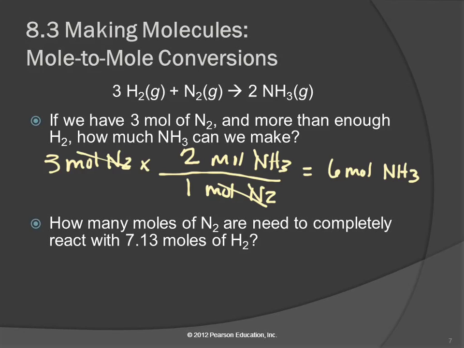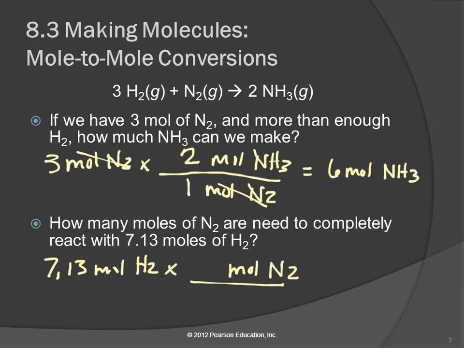Let's do this one. Now this one doesn't have whole numbers. How many moles of nitrogen are needed to completely react with 7.13 moles of hydrogen? Well, we're starting with 7.13 moles of hydrogen. And the question is how many moles of nitrogen?